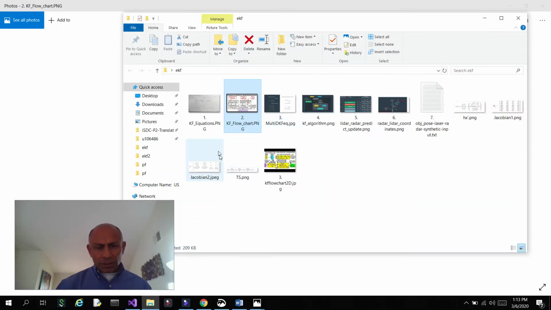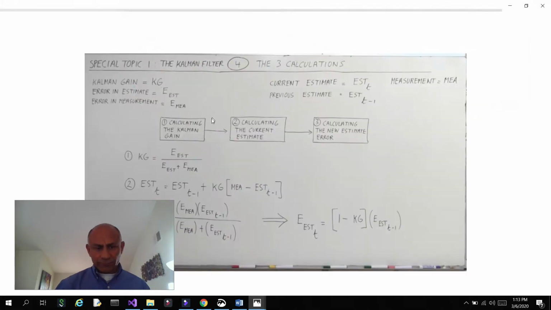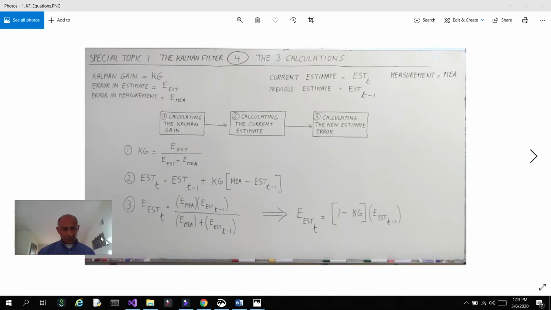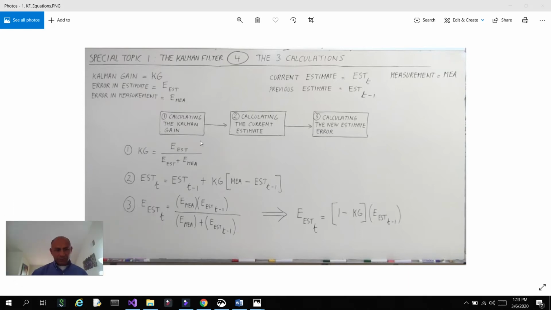So now I want to go through some equations here. We saw a flow chart. So the first step, like you saw, was to calculate the Kalman gain. Kalman gain is error in estimate divided by error in estimate plus error in measurement. Then that's fed to the calculation of the current estimate.